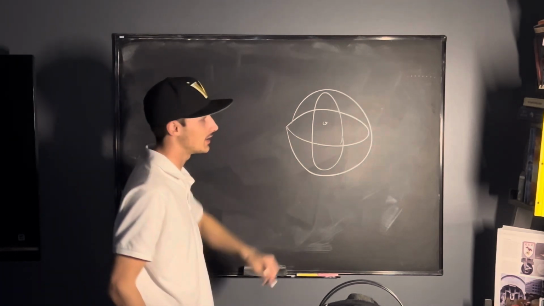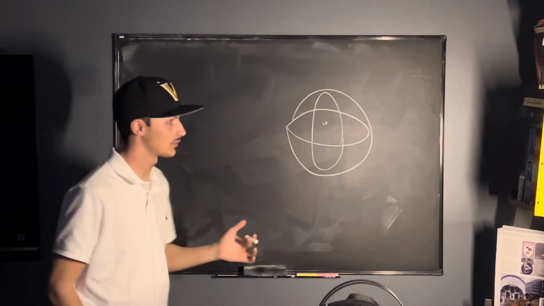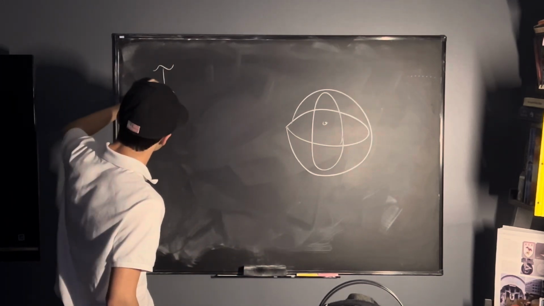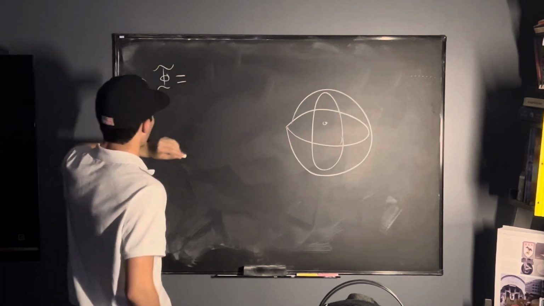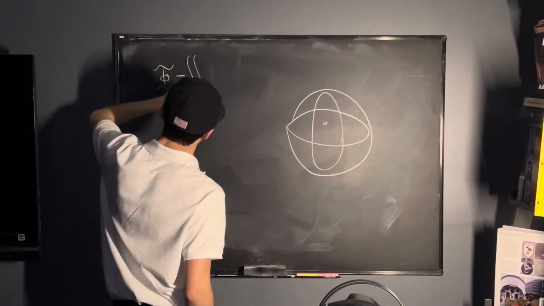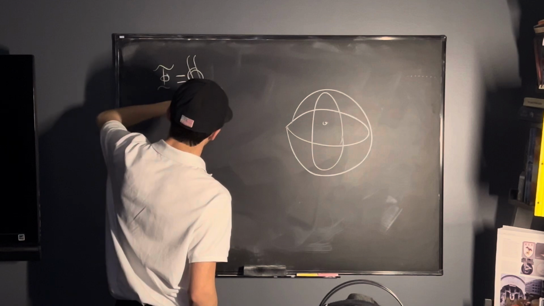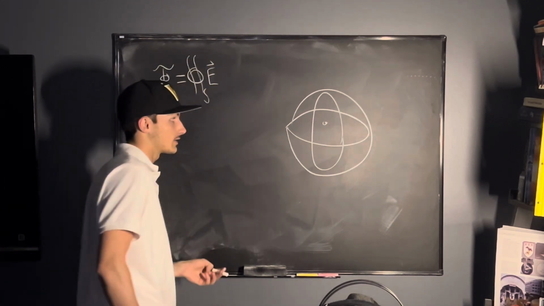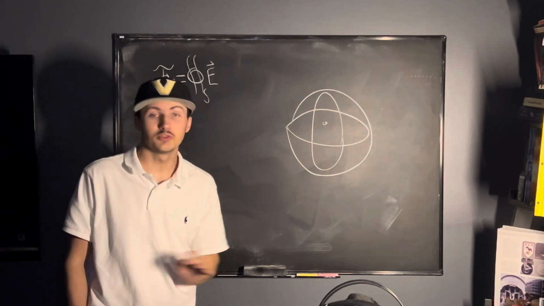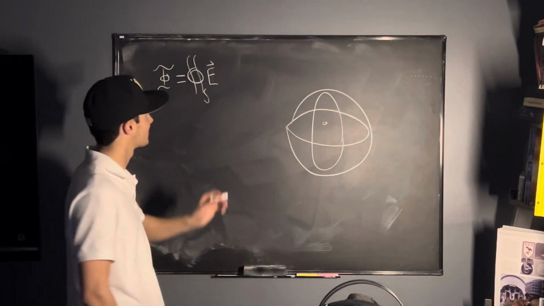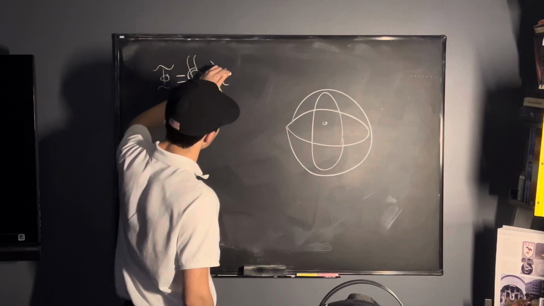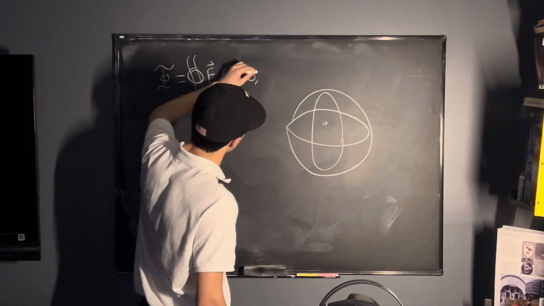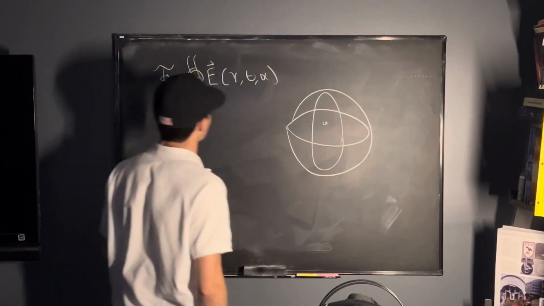The surface is inherently that double integral that we were seeing. So let's write it out. Our flux is going to be equal to the double integral through that surface of the electric field, which in this case, we don't want to do based on x, y, and z. So we're just going to do it in terms of radius, angle 1, angle 2.